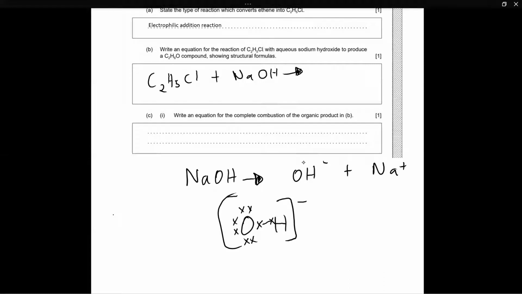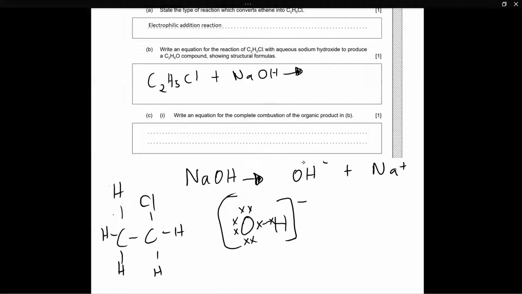So when this OH minus is added to a halogenoalkane, it causes this chlorine over here to get scared and leave. So this chlorine will break away from the carbon.